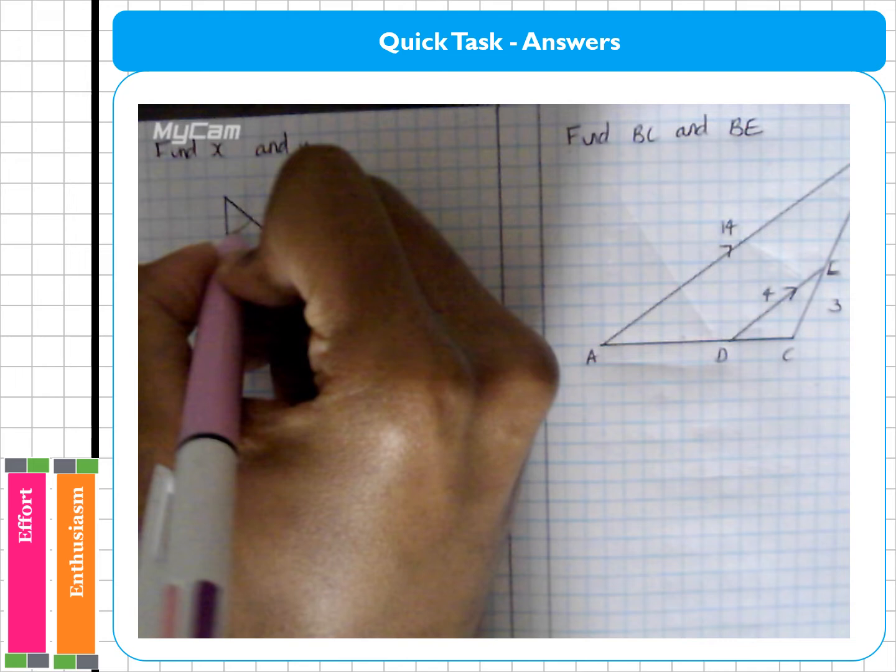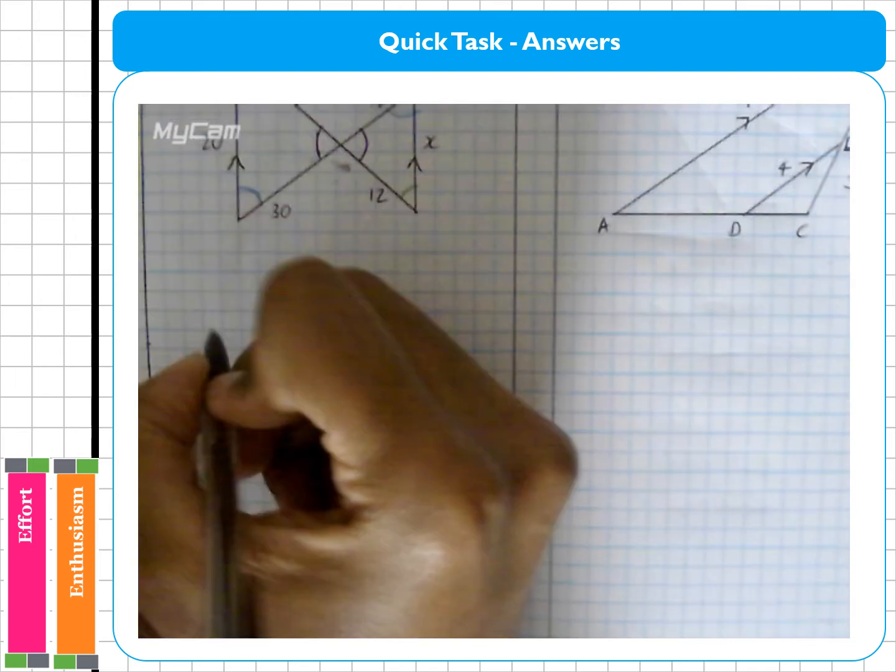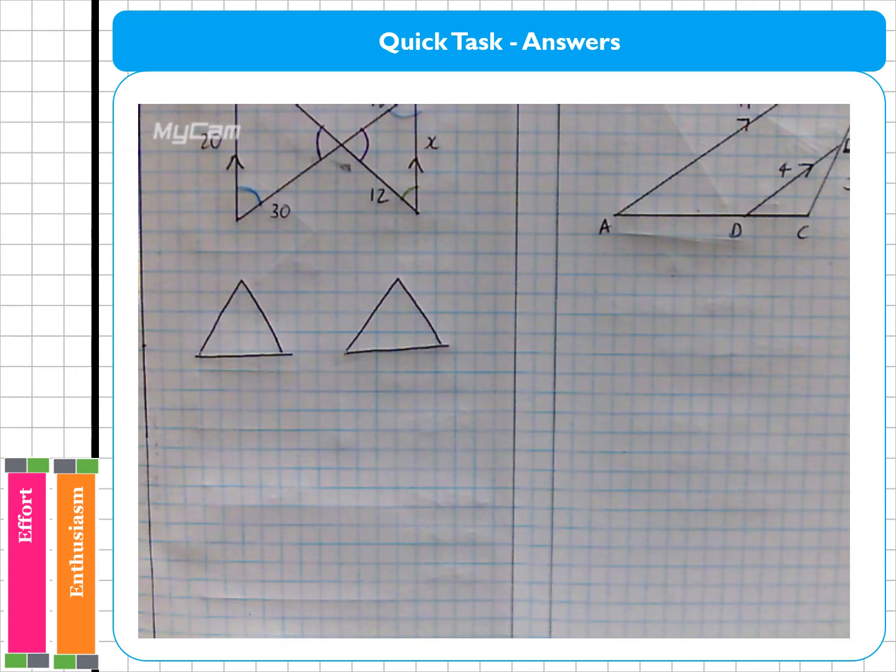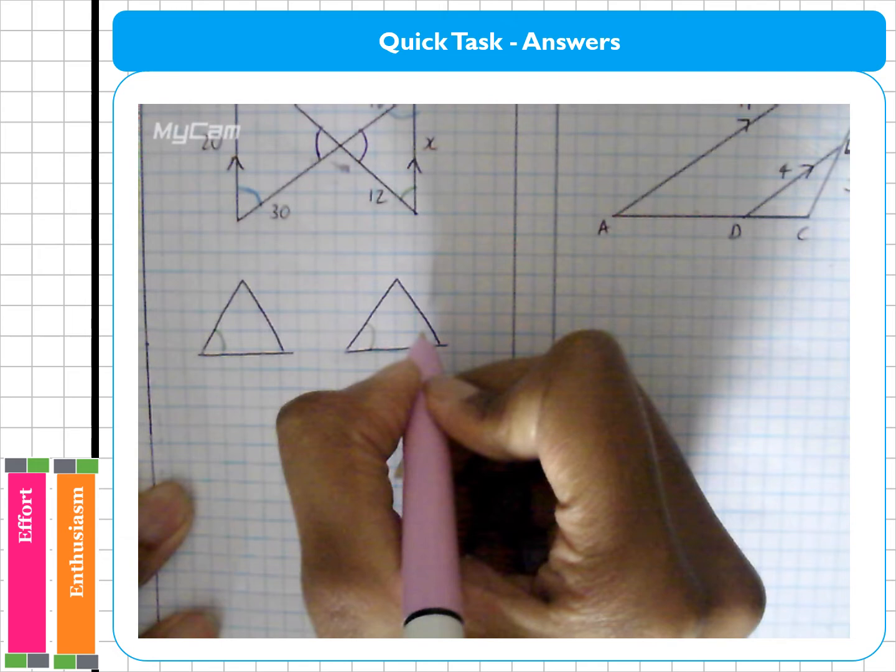I'm then going to sketch out those two triangles. Again, your sketch doesn't need to be accurate or to scale, but what I am going to make sure I do is add on my colours as well, so that when I come to label my sides, it makes that process a lot easier so that I don't make any mistakes further down the line.